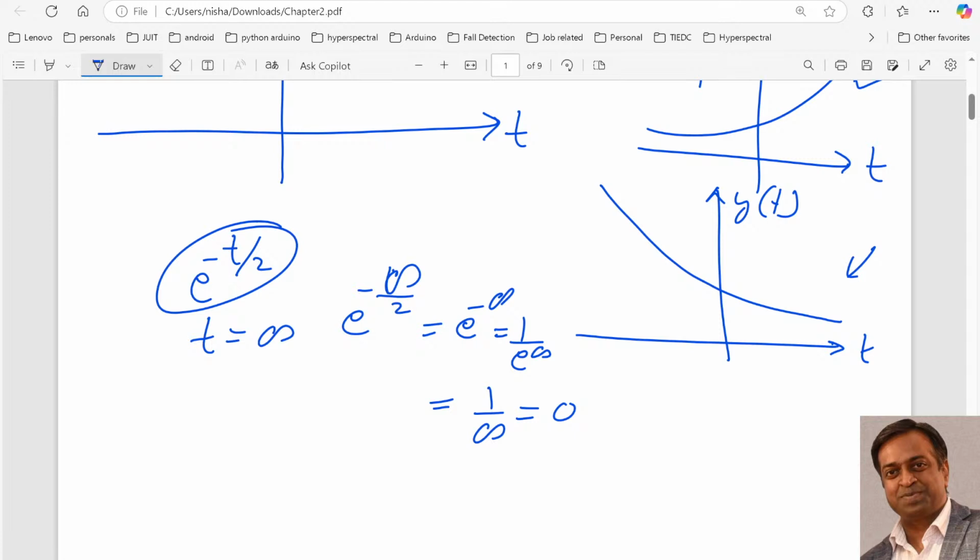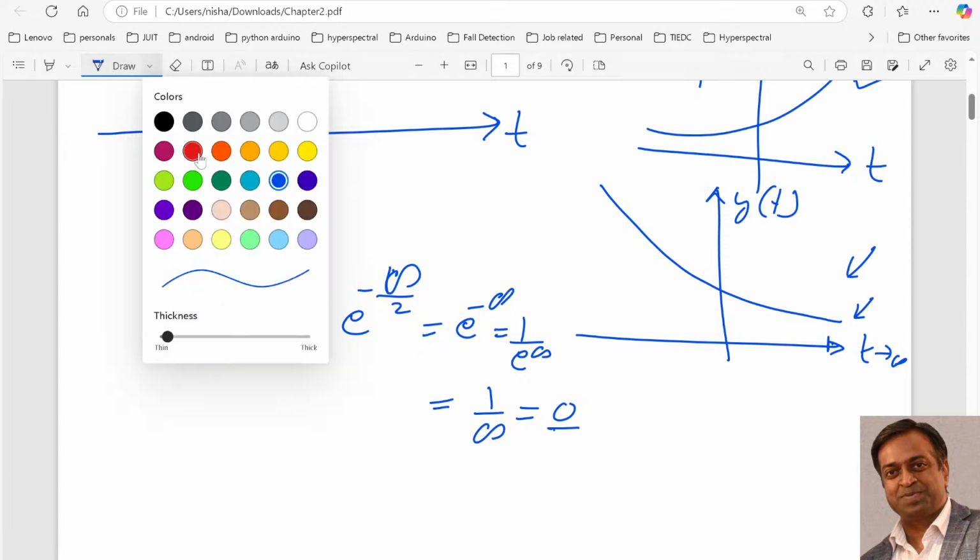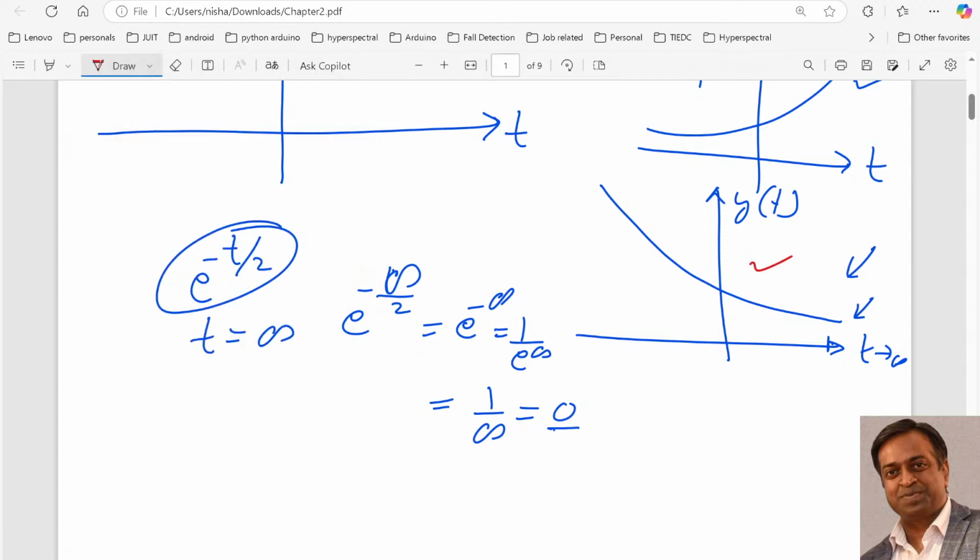So you can see that over here we get this as 0, and this 0 means that at t tends to infinity, our value should become 0. So this second one is the graph of e power minus t by 2.